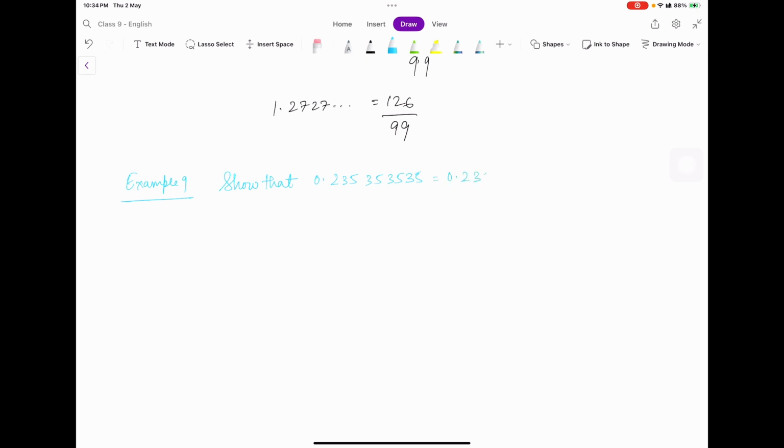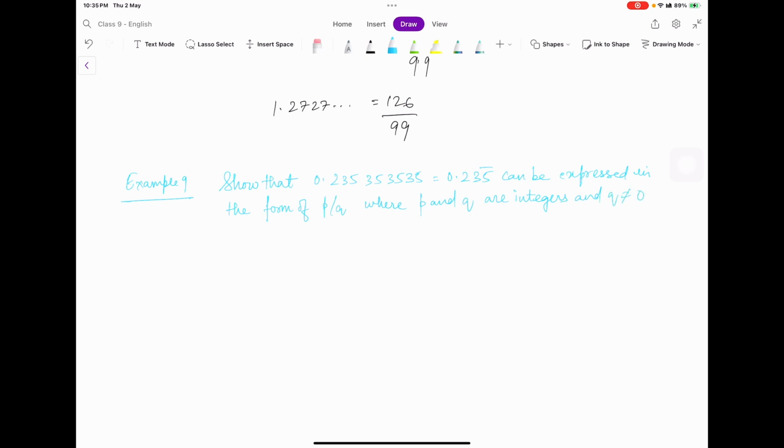So 0.23535 can be expressed in the form of P by Q, where P and Q are integers and Q not equal to 0.